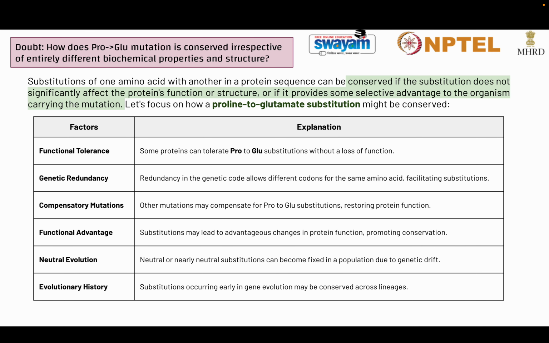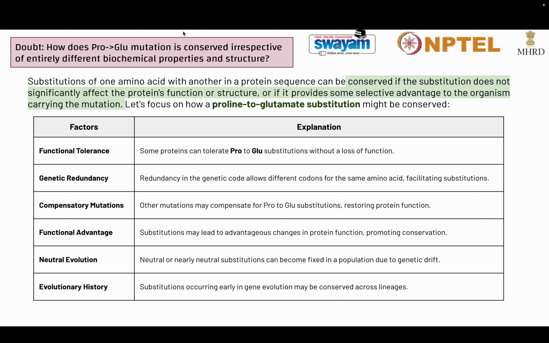Then the next doubt was related to the table. When we were looking into multiple sequence alignment, we observed that when we compare protein sequences from multiple species, the amino acids which have similar biochemical functions, or which do not affect the protein function or structure, are referred to as conserved mutations, or conservative substitutions.